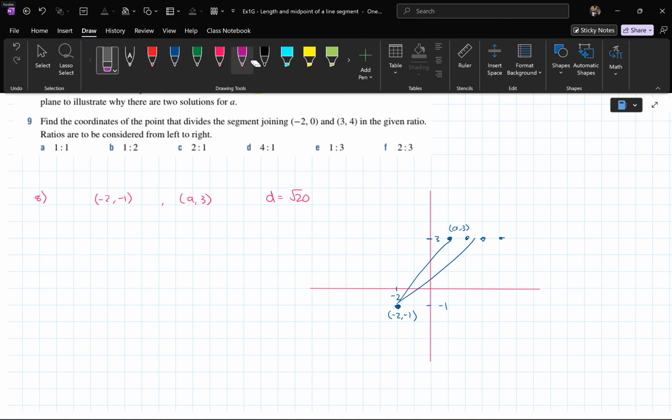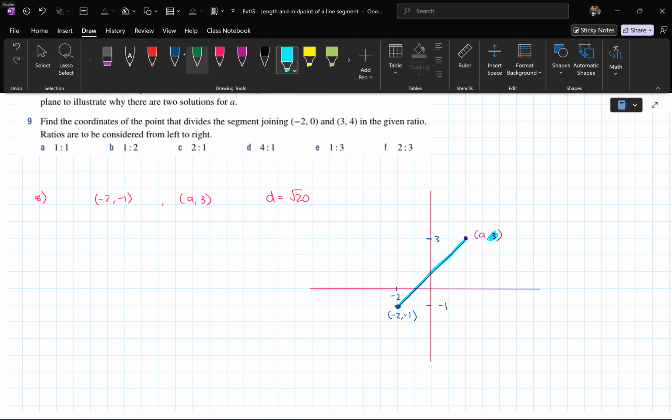Well, the logic is, if you look at a diagram, let's say A was over here, hypothetically. Then there must be another point where the distance between this point and this point is exactly the same, but still remains on the y value of 3.